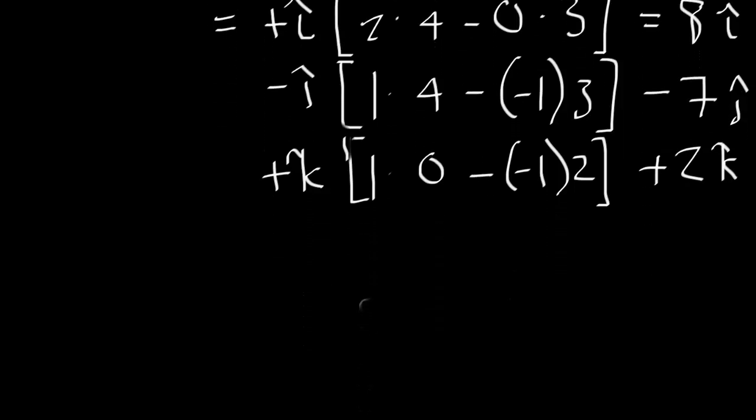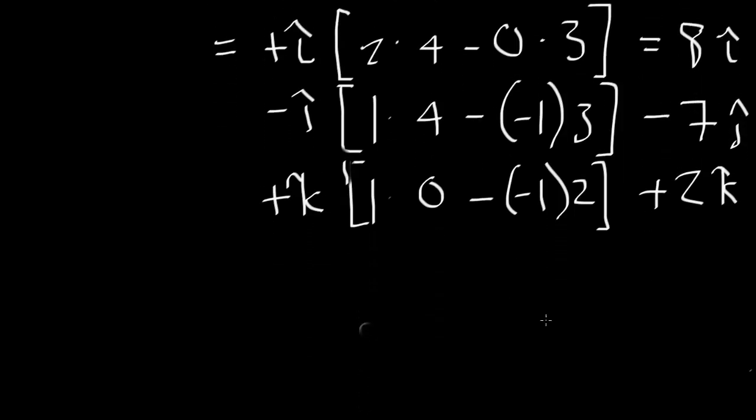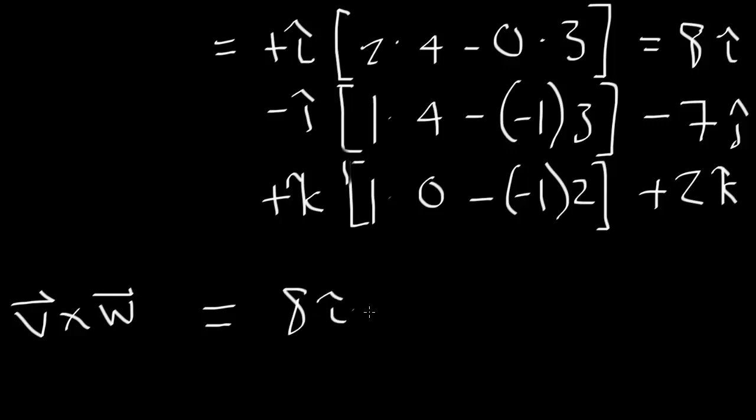Or if we rewrite this out, we get v cross w is equal to 8i minus 7j plus 2k. Most common mistake is people forget that the second component is a minus, and they would have a plus 7 here, which is wrong.